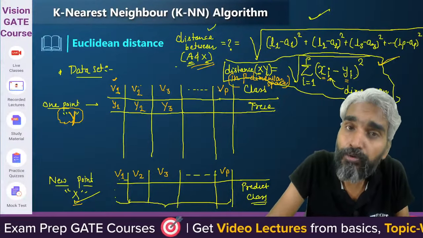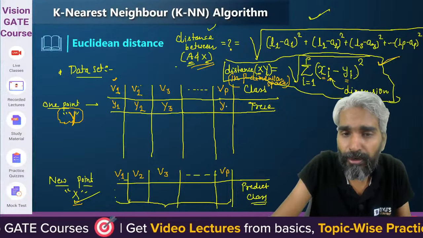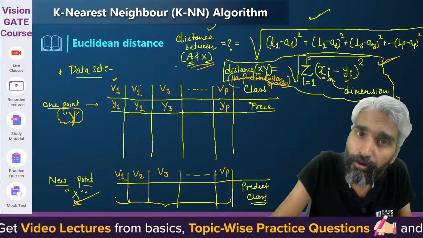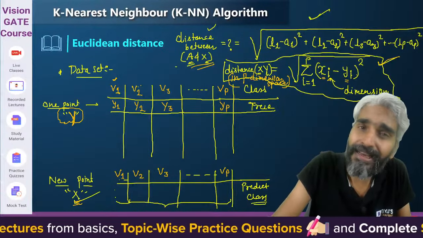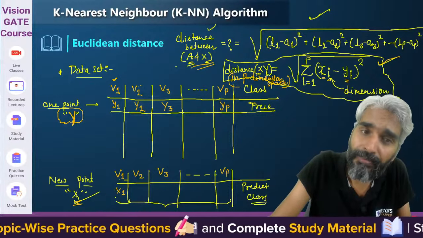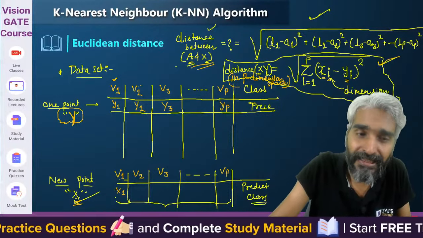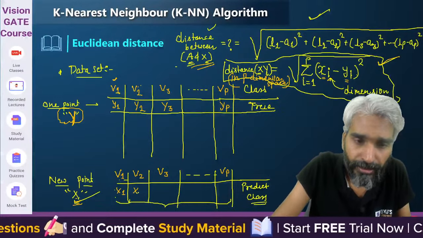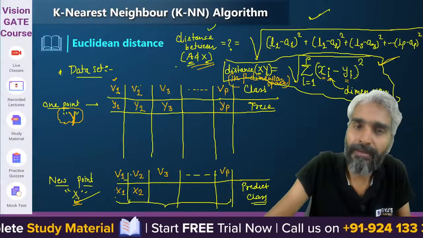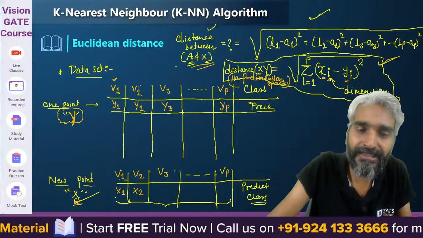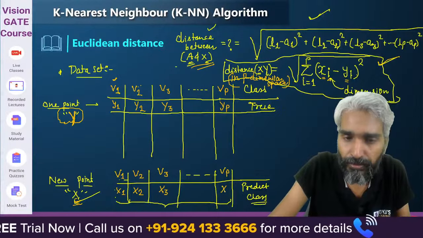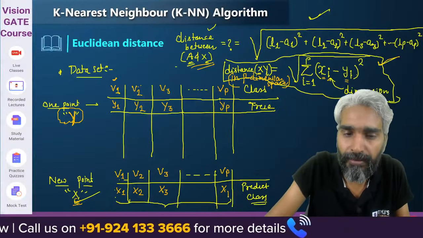Similarly, with respect to variable vp, the value of point y is yp. With respect to point x, the value of variable v1 is x1, the value of variable v2 is x2, the value of variable v3 is x3, and so on. With respect to point x, the value of variable vp is xp.